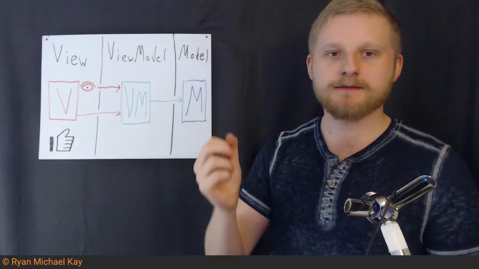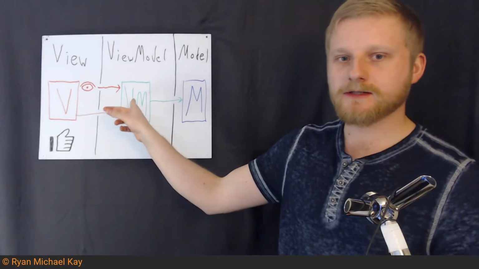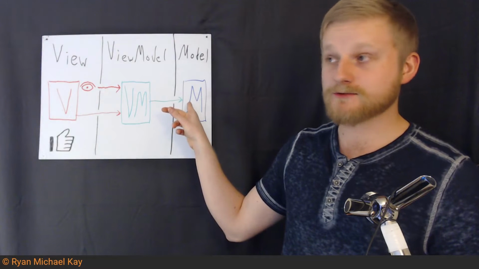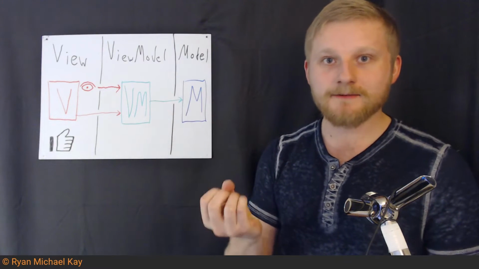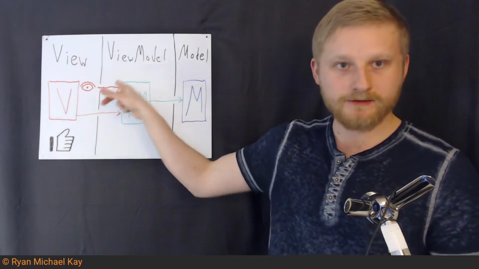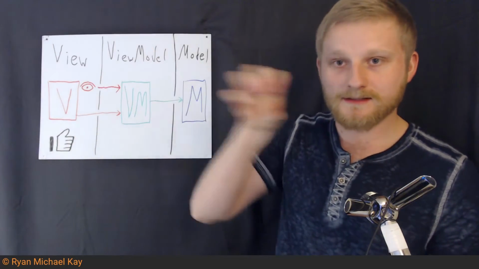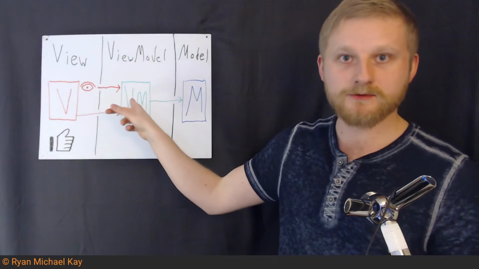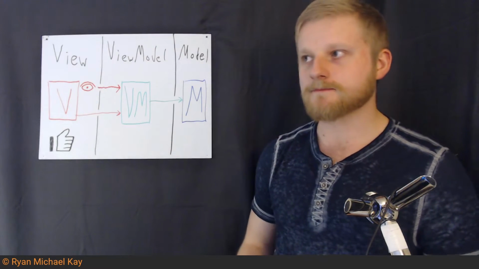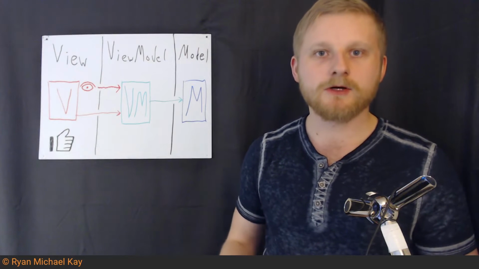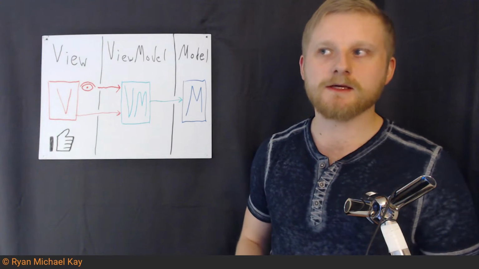Whenever the data pops out of the pipe, whenever the view model asks the backend for some data, it's going to then publish that data. And if the view is listening, then the view is going to grab that data that pops out of the observable pipe, and then it's going to render that on the screen. So that's basically how Model View ViewModel, generally speaking, works.